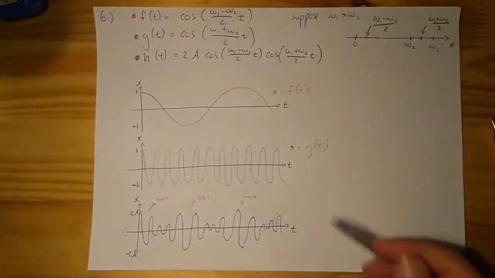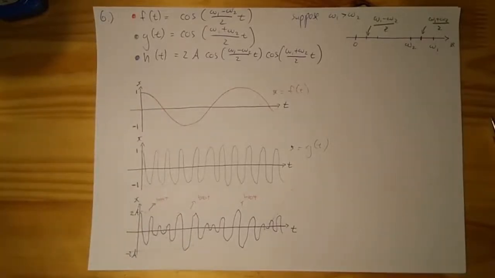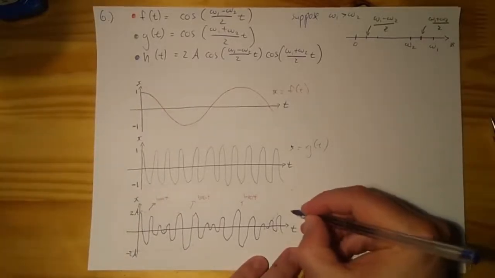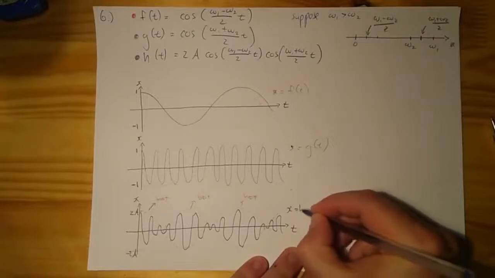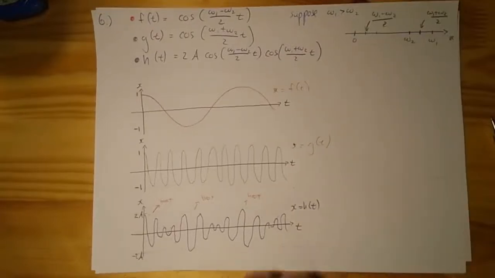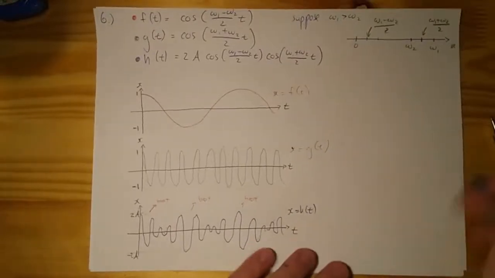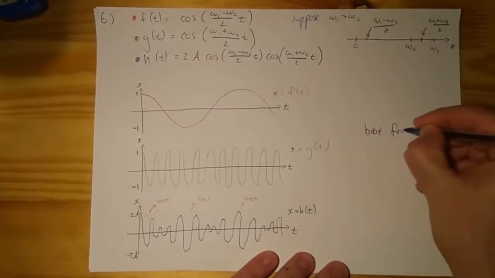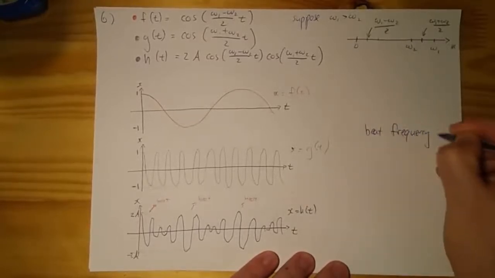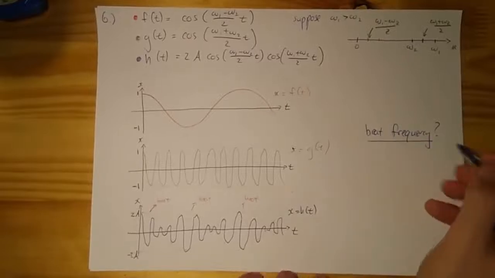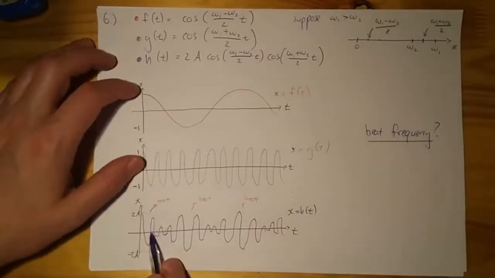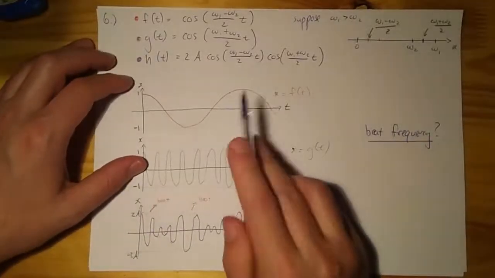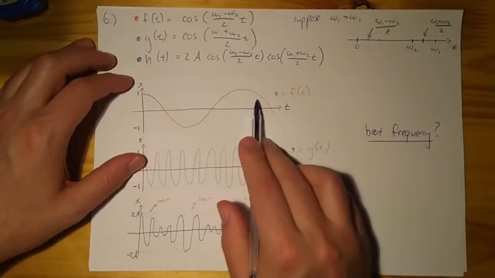Now, what is the frequency of these beats? All right. Well, actually, we're done with the question now, but let's think about this a little bit more. What is the beat frequency equal to? Well, you might say it's the frequency of this graph. Wouldn't you agree?